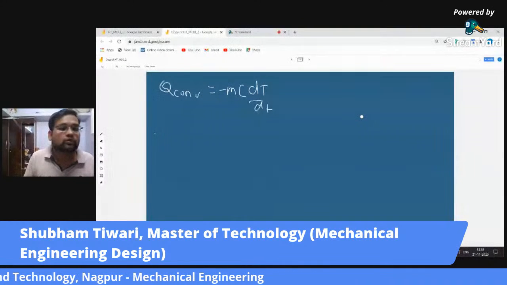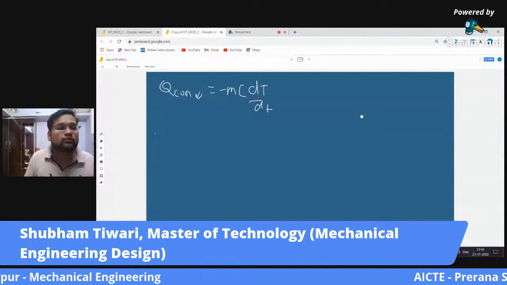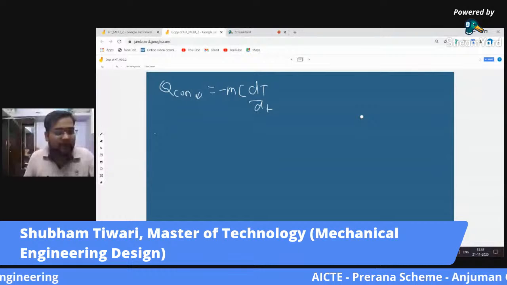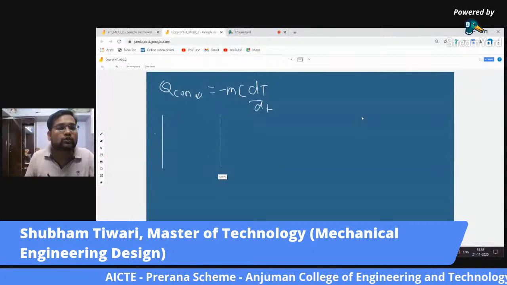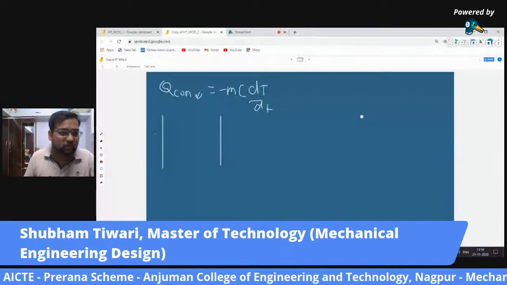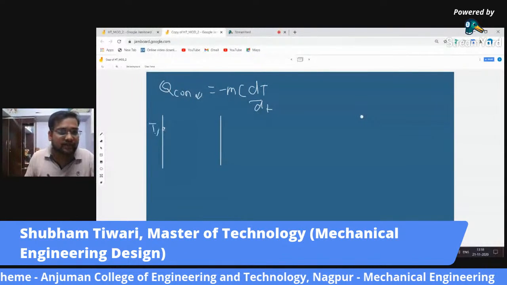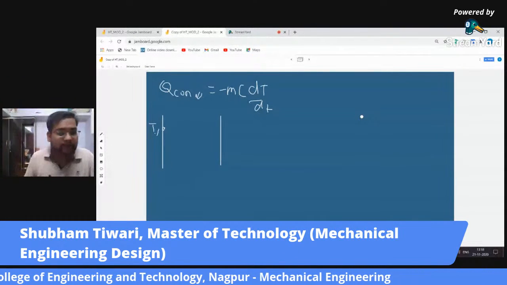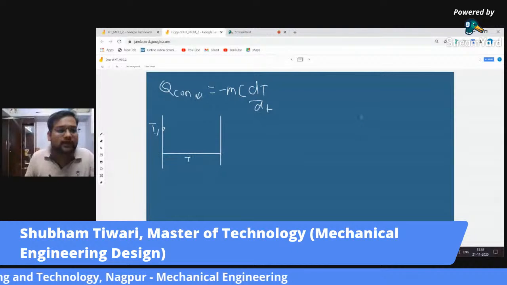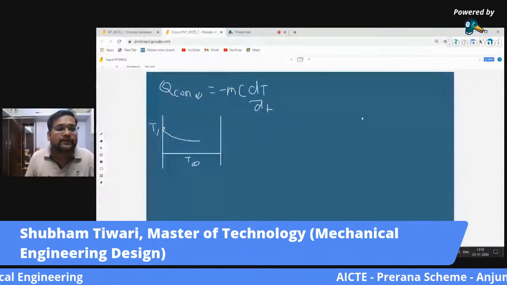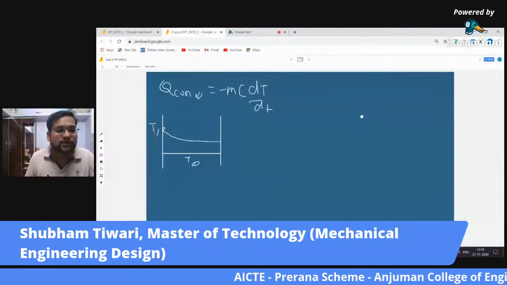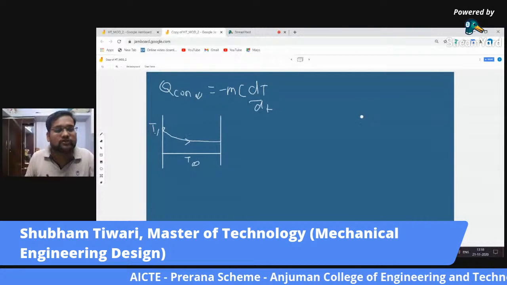So now consider the same condition. The body is initially at temperature T1 and the surrounding is at a temperature T infinity. What happens when it is exposed to this temperature? The body keeps losing heat.